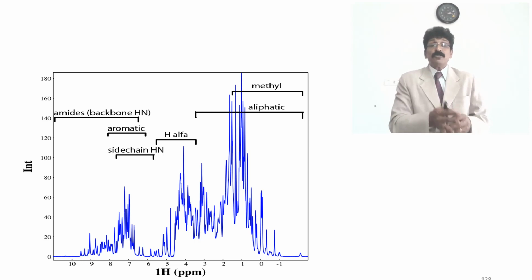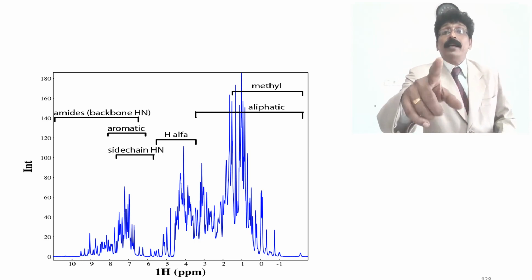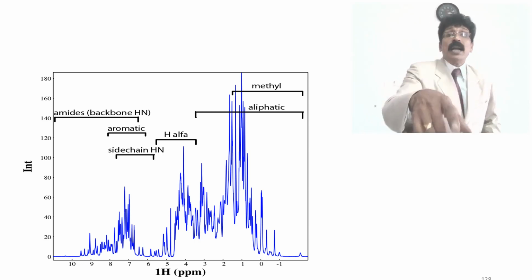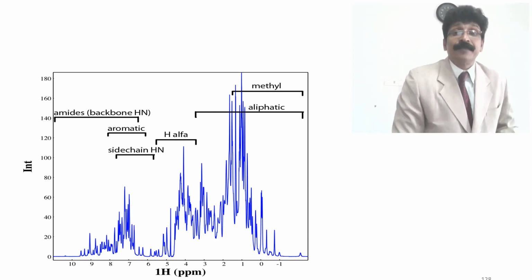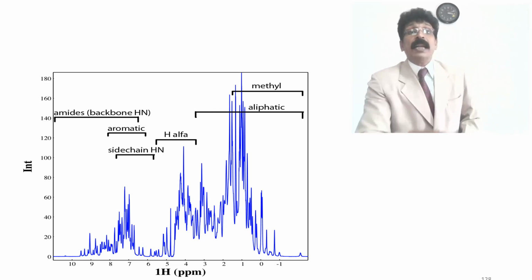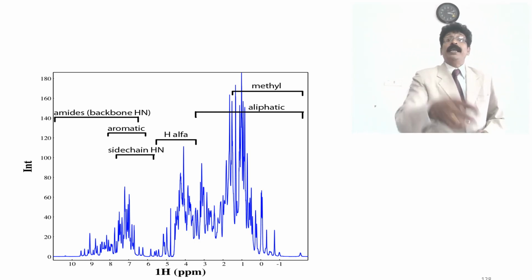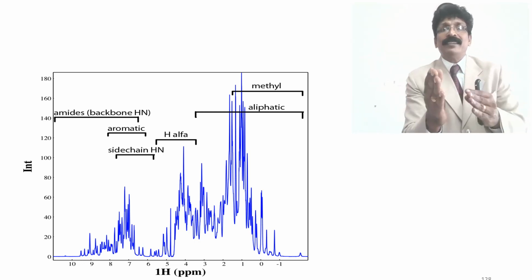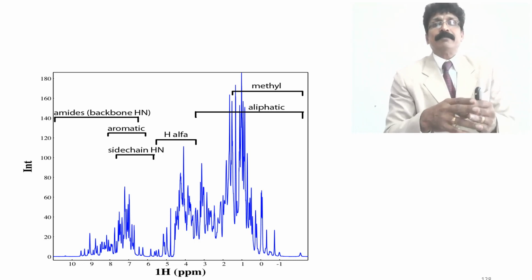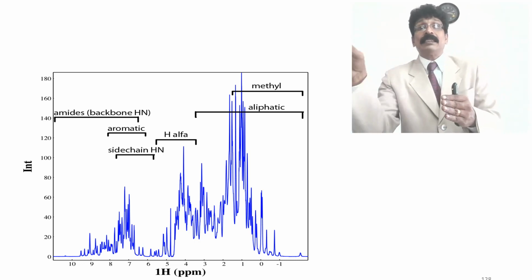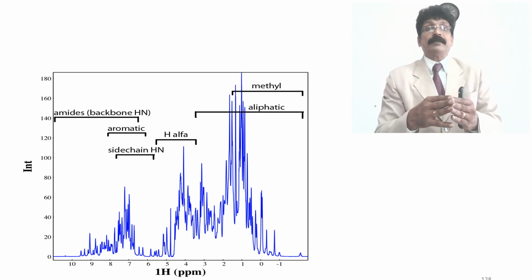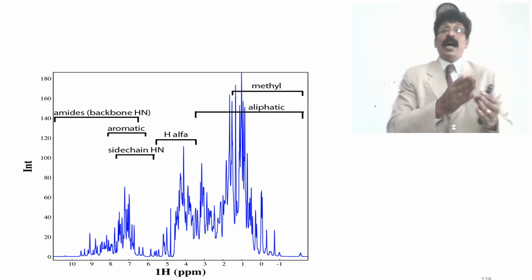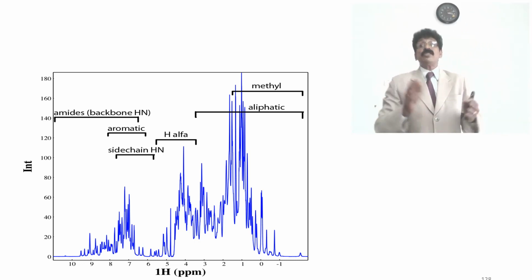You see the quintet, quartet, singlet, doublet and triplet types of peaks are there. So one is methyl aliphatic, amide, nitrogen present with hydrogen, carbon CH type of methyl group, that is aliphatic, and the side chain NH, aromatic CH. So these all can be identified.